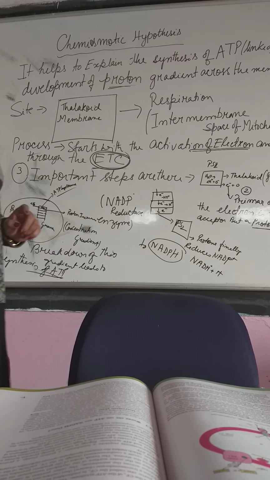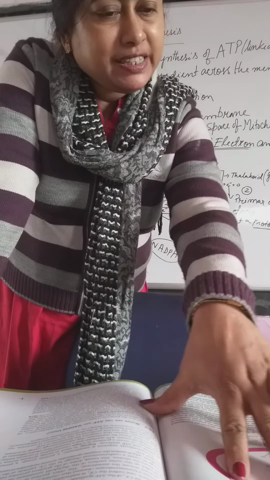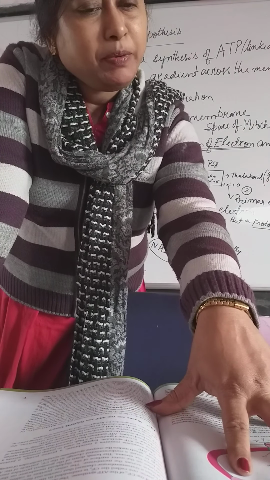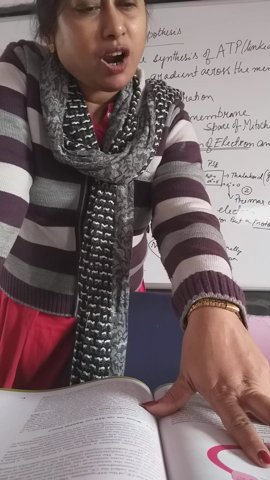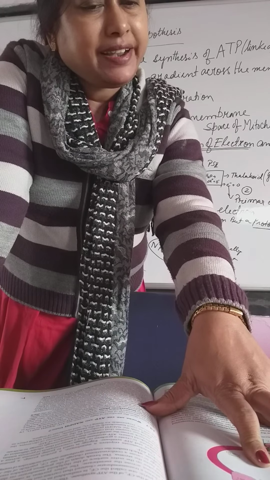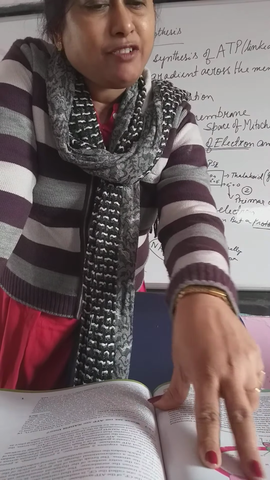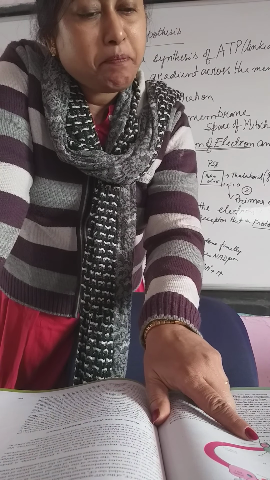Okay. Now if you see in your book, in this diagram, there are two parts, PS1 and PS2. Initially PS2 activates first. It is 680 and here it is 700. Here they have a cytochrome complex, and you see the ATP pump here.